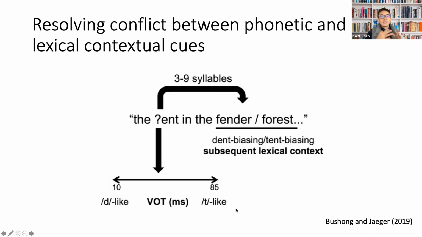It is in a sentential semantic context that differentially biased listeners to interpret the token as either dent or tent. In all cases, the lexical context appeared after the critical word.